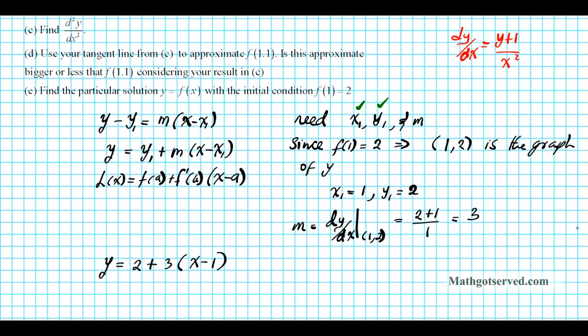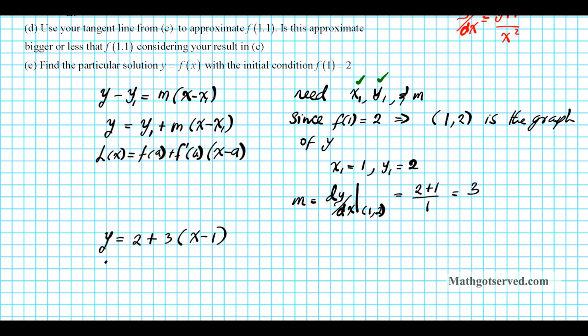If we simplify that, we have y equals 2 plus 3x minus 3, which implies that y is equal to 3x minus 1. So there goes the equation of our tangent line. It can also be used to do the linearization as we'll be doing in part D. Okay, so that's that. Now let's move on to the next question.